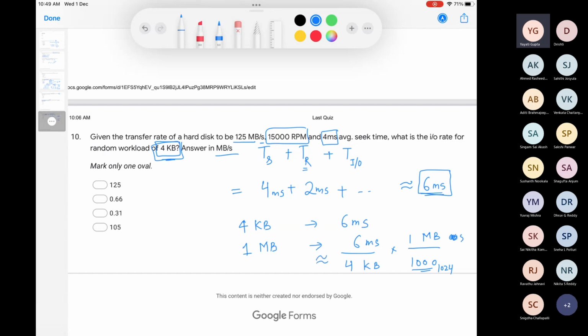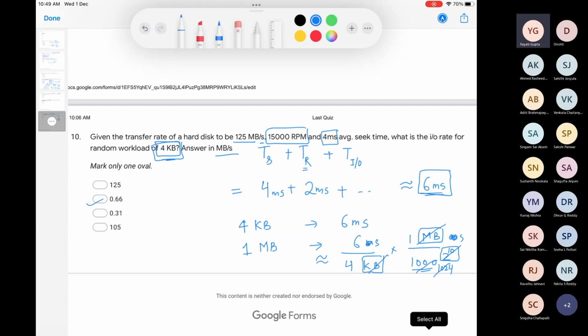So I'm going to write this 1000 as 2 raised to the power 10. Now see, 2 raised to the power 10 here, 2 raised to the power 10 here, 2 raised to the power 20 here. All this cancels out. So you have 6 by 4 seconds for 1 megabyte, right? And that is your 0.66. So that was the answer.